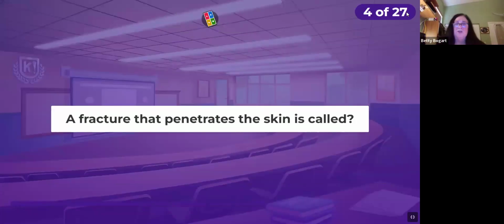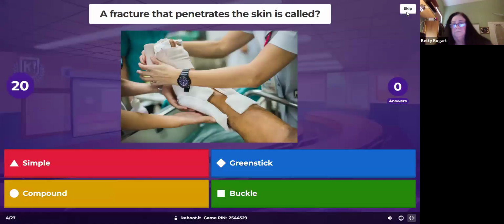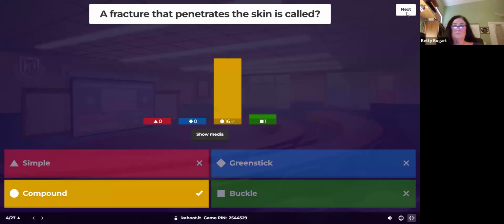A fracture that penetrates the skin is called what? Compound, or open.